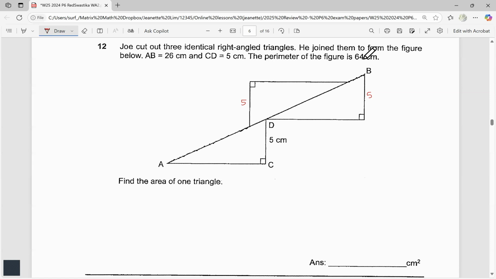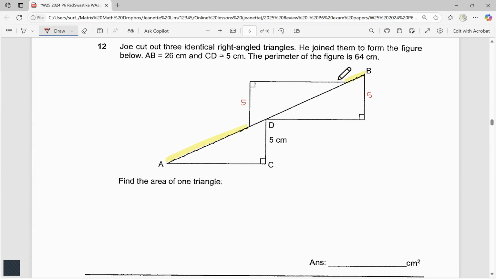I will need to use the perimeter of the figure to help me figure out the base of the triangle. Firstly, I have AB 26 cm, the whole thing, A to B. So A to B is actually made up of the longest side of the triangle times 2, right? 2 of that. But the perimeter of the figure does not include the whole thing, but only this and this, the ones highlighted in yellow.